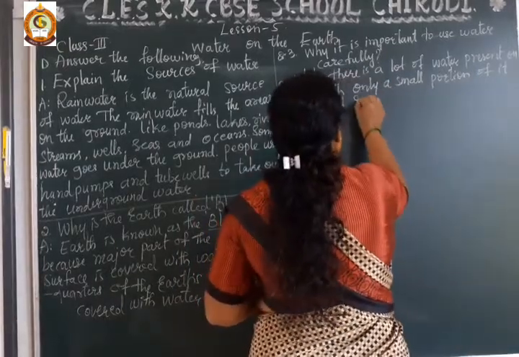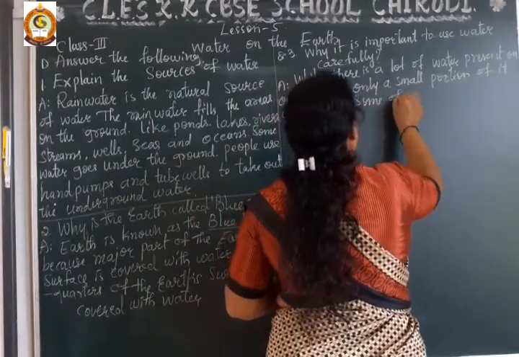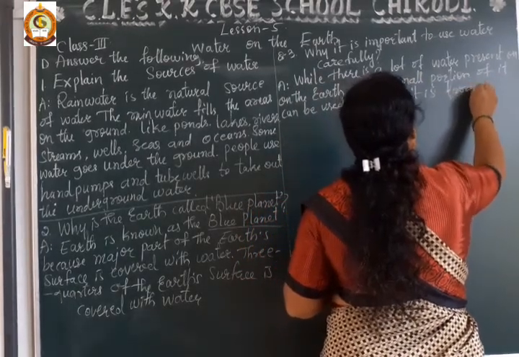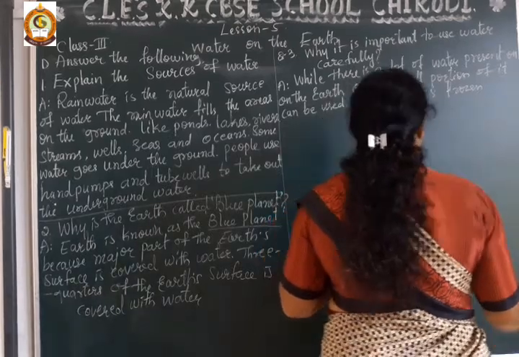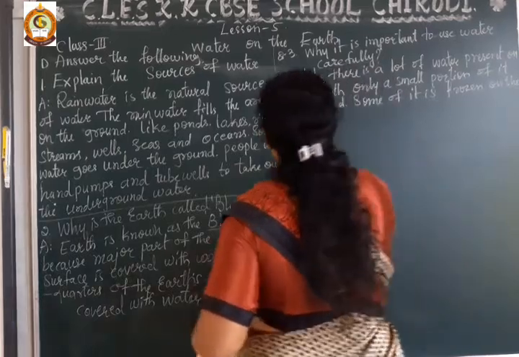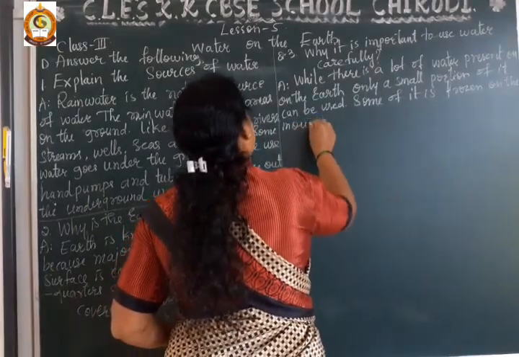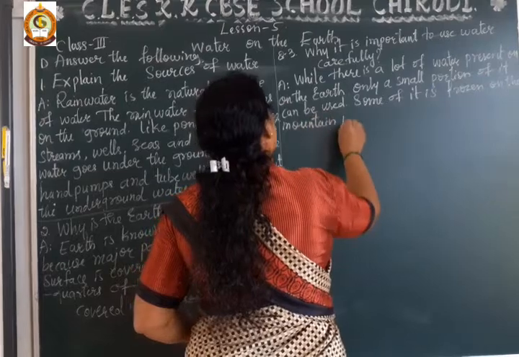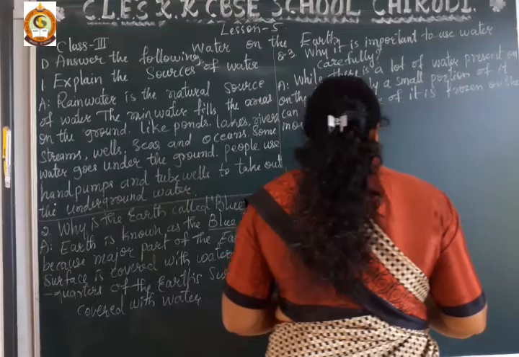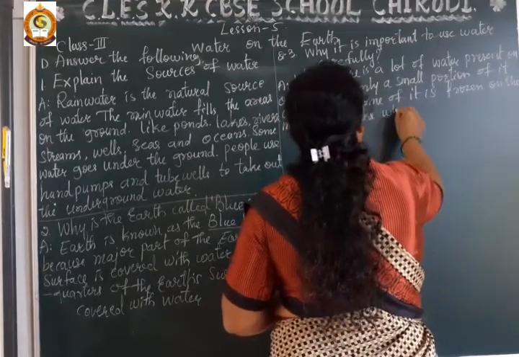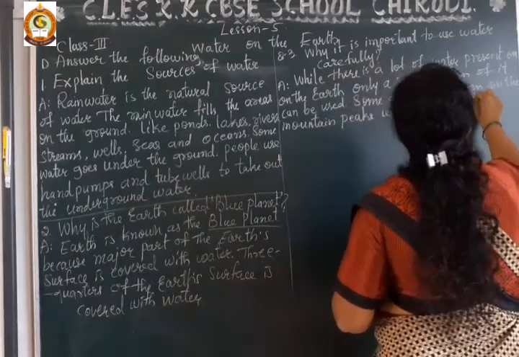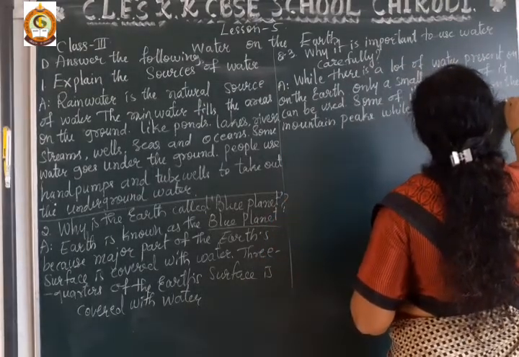Some of it is frozen on the mountain peaks, while much of it is salty.